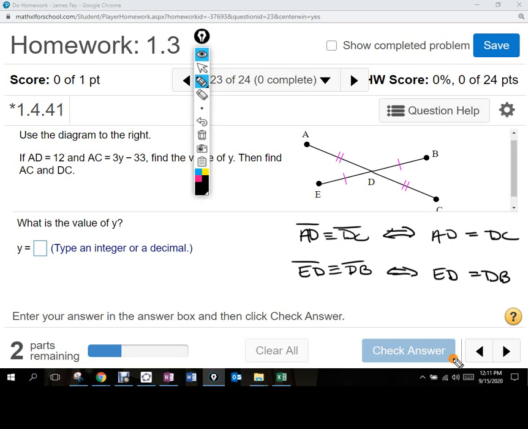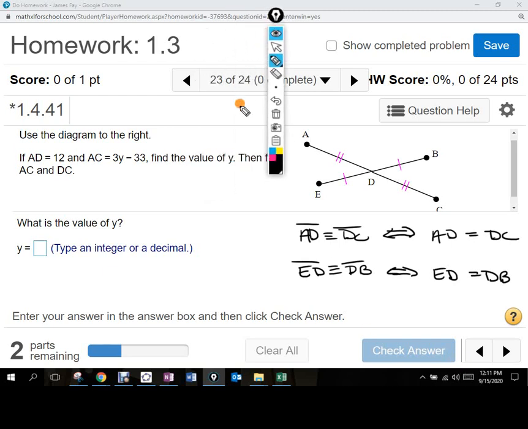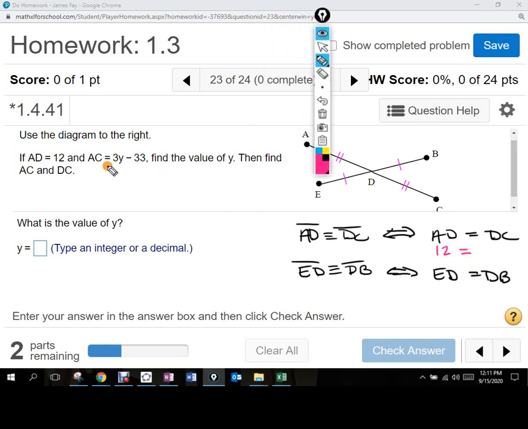So, of the information they give me here, they say AD is 12, so I'm just going to replace over here in these arguments that AD is 12. They don't give me DC or anything like that, right? They don't give me ED. They do give me AC.